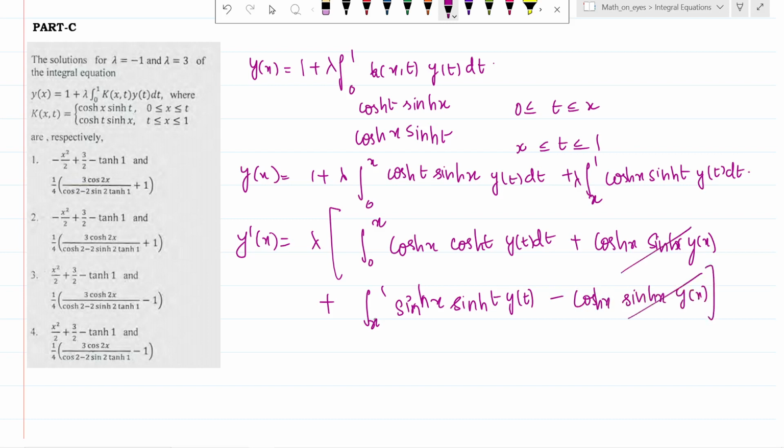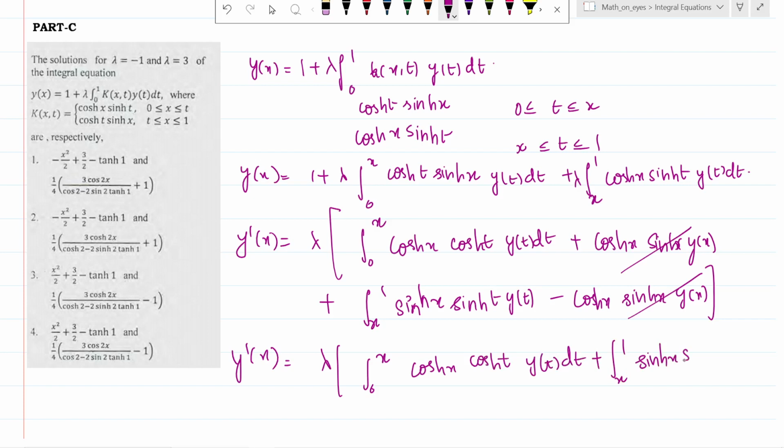Now you can cancel these two. You will be left with y dash of x is equal to lambda times the integral 0 to x cos hx cos ht into y of t dt, plus integral x to 1 sin hx sin ht into y of t dt.